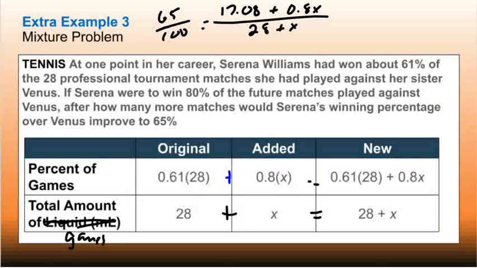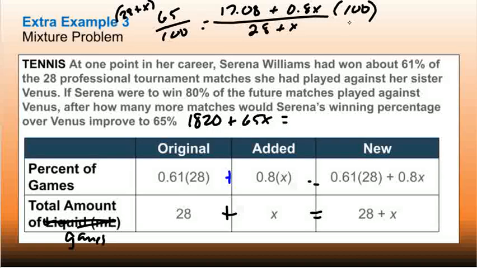So I need to multiply this side by 28 plus x, which I will get 28 times 65 is 1820 plus 65x. And this is going to equal, on this side I have to multiply this by 100.